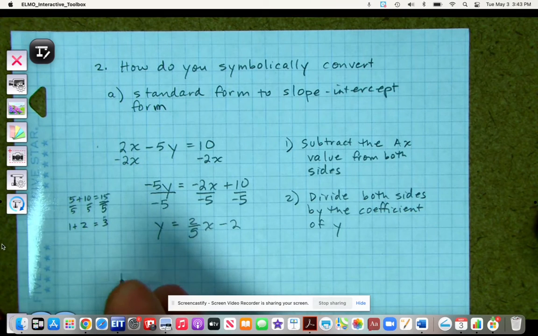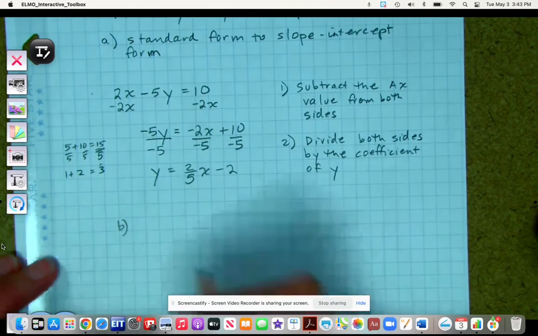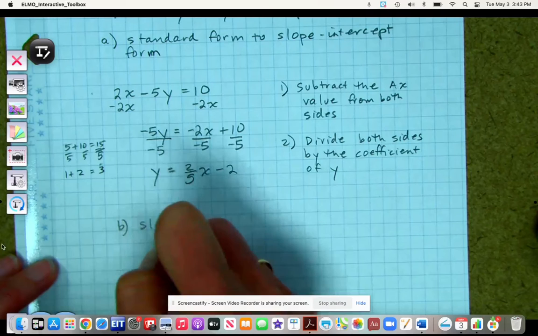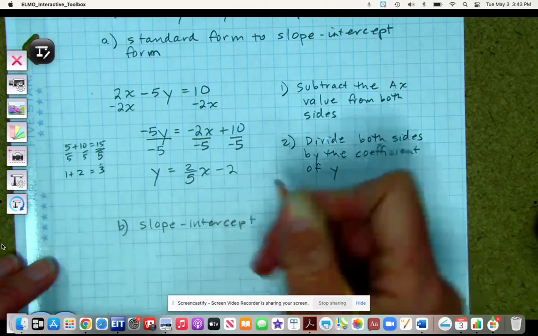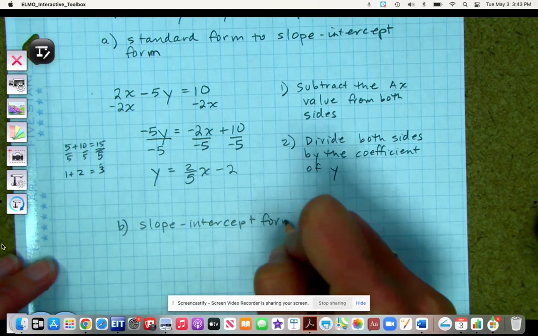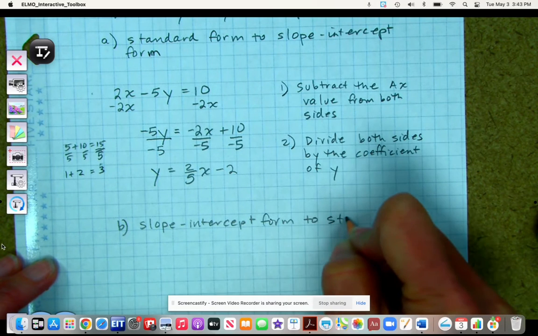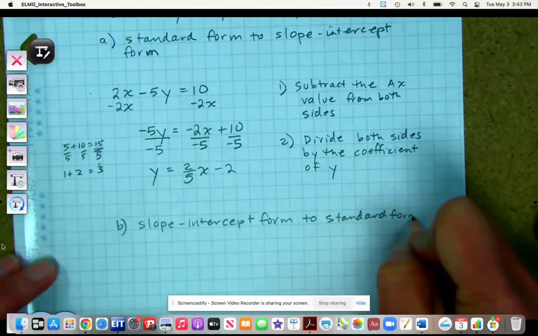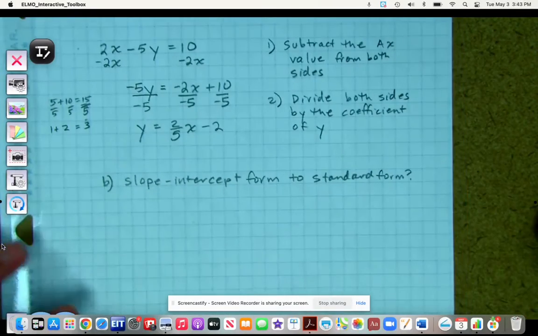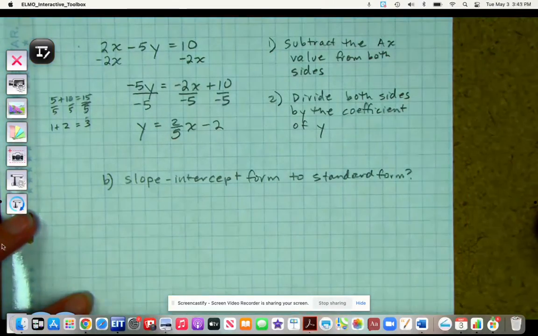Okay, how about if I want to go from slope-intercept form to standard form? Okay, so on this one, I want to get the x and y to go on the same side.